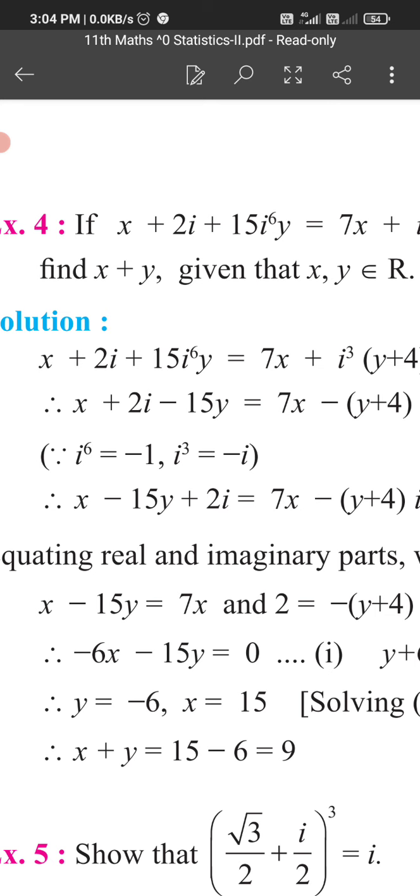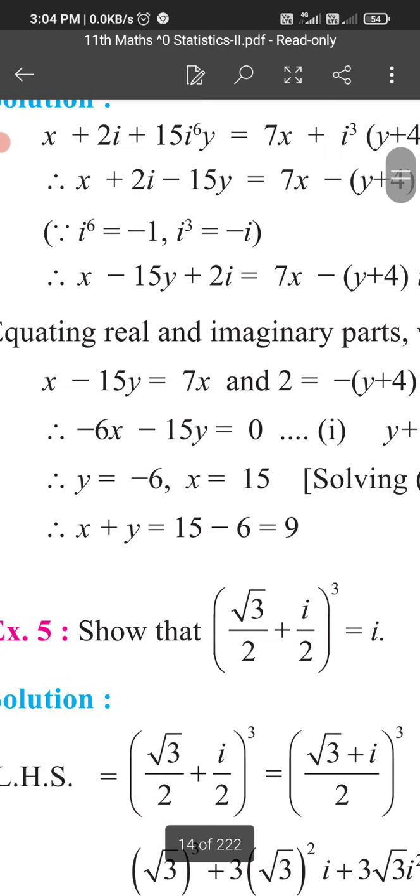Last example: show that (√3/2 + i/2)³ = i. So (√3/2 + i/2)³, we can write, the denominator being the same, (√3 + i)³/2³.